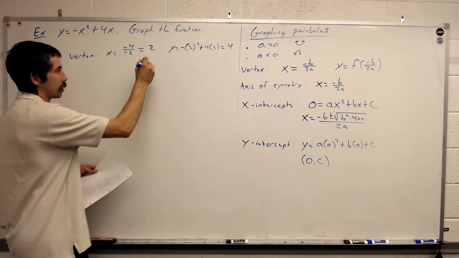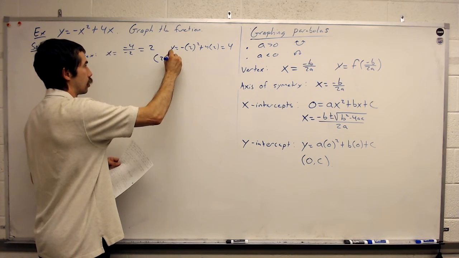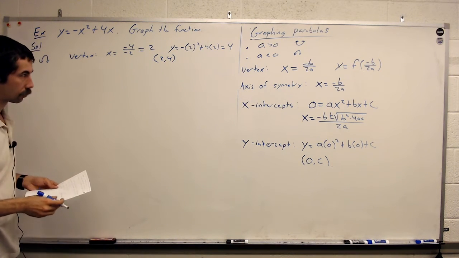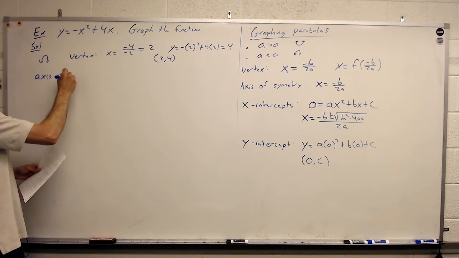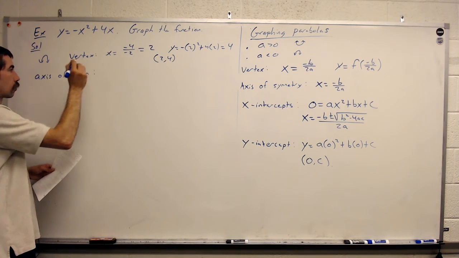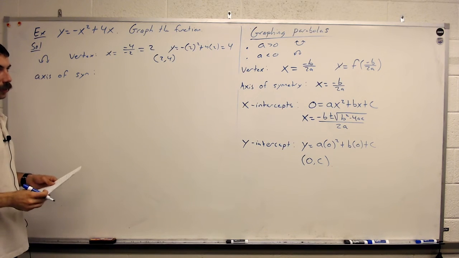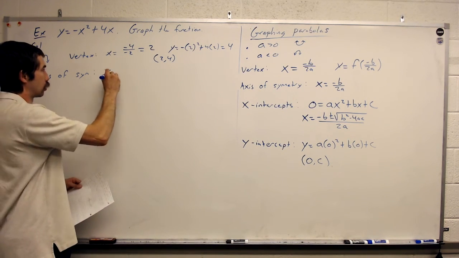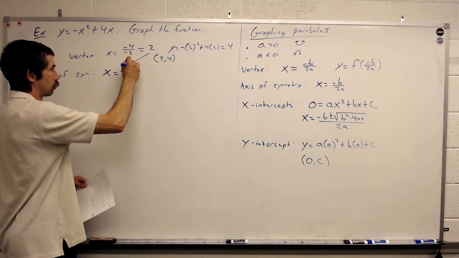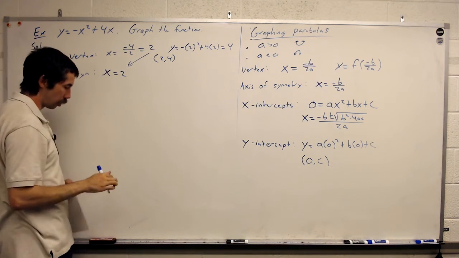Our vertex is the point (2, 4). Axis of symmetry. This is easy once we have our vertex. It's this number, x equals 2.